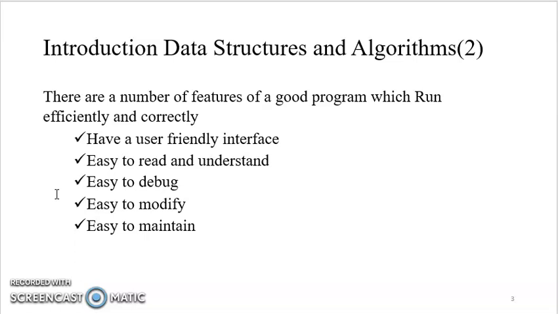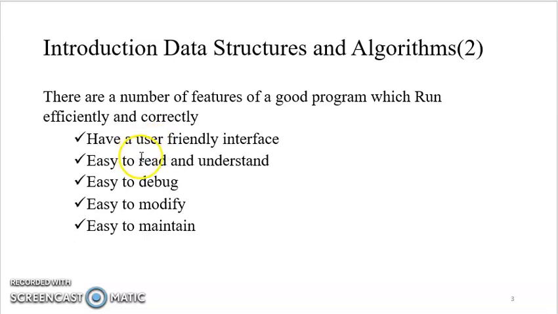Then what are the features that lead us to say a program is good? Here you can see these are the elements. The first one, the program is user friendly. The program can easily be used by the users, that's why we call it user friendly.